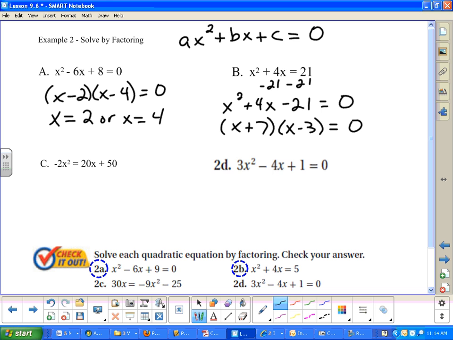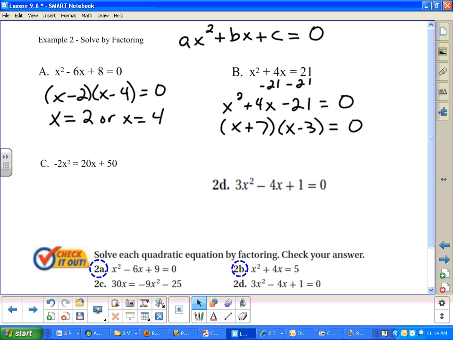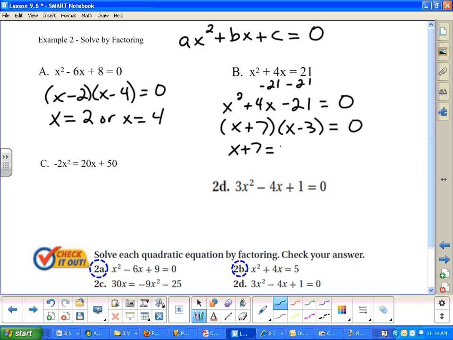So then I'm going to set each of those then equal to 0. And when I solve them then, we get x equals -7 or x equals +3.